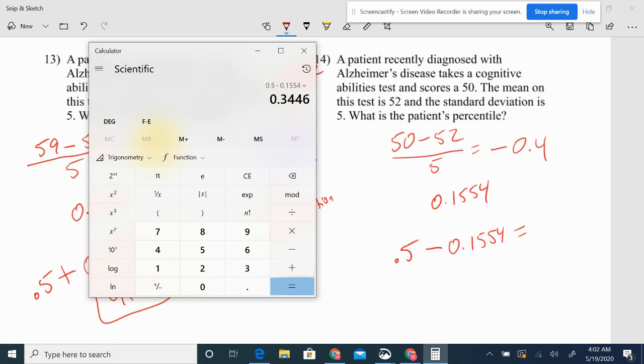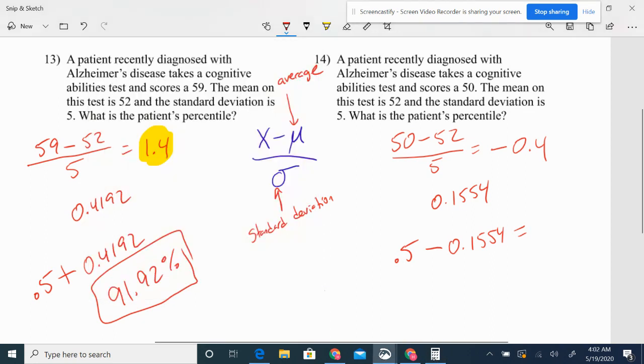I have 34.46%. Once again, what does this mean? If 0% is the lowest score, 100% is the highest score, this guy scored at 34.46. It is below the average, right? Average is 50%, like 0.50 will be right in the middle, your average. Now this guy is below average, but yeah, he scored 50. The average is 52. He scored lower.